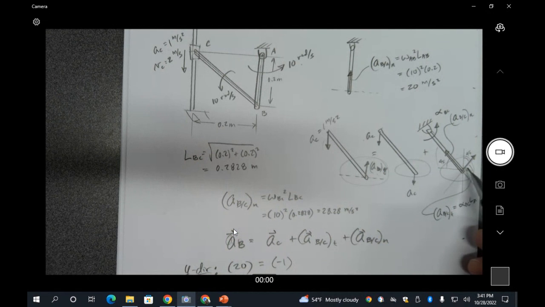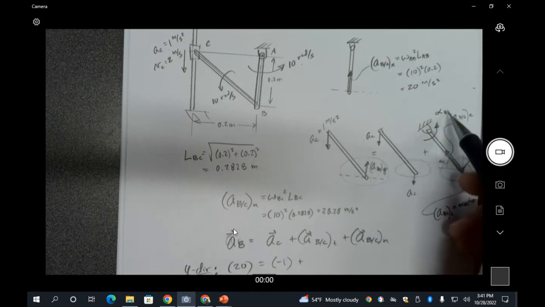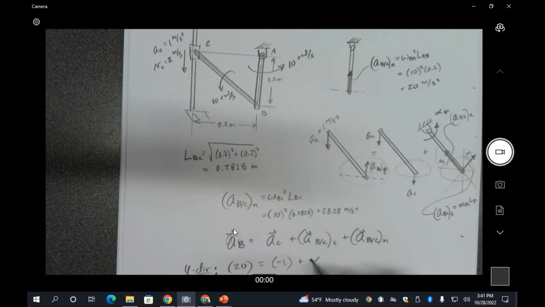Over here in the y direction, we're going to have positive with our guess of alpha BC times 0.2828. Remember, we only want the part that's in the y direction, so it's got to be the cosine of 45.